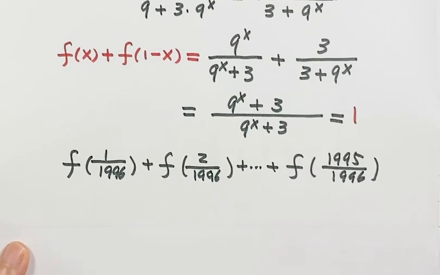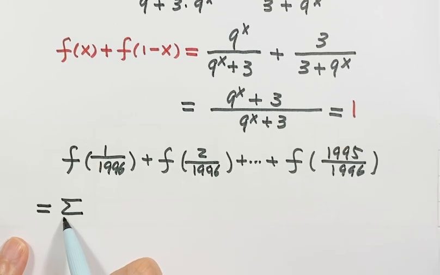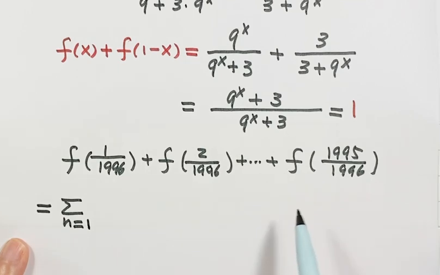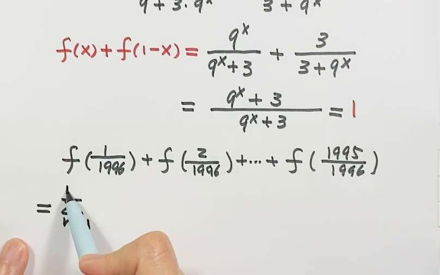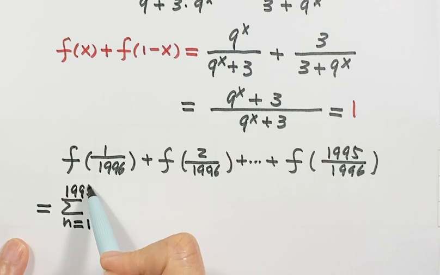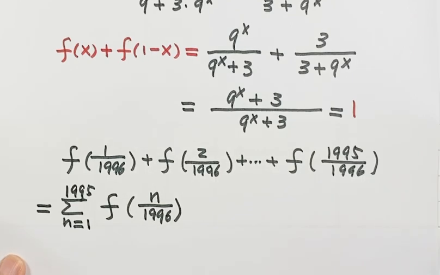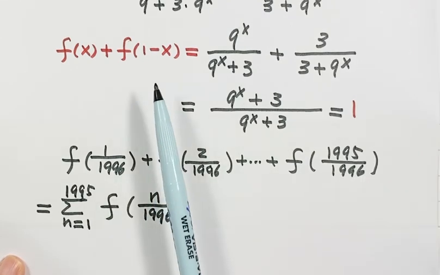First, we're going to use sigma notation for this sum, n from 1 to 1995, with general term n over 1996. Then how to use this result?